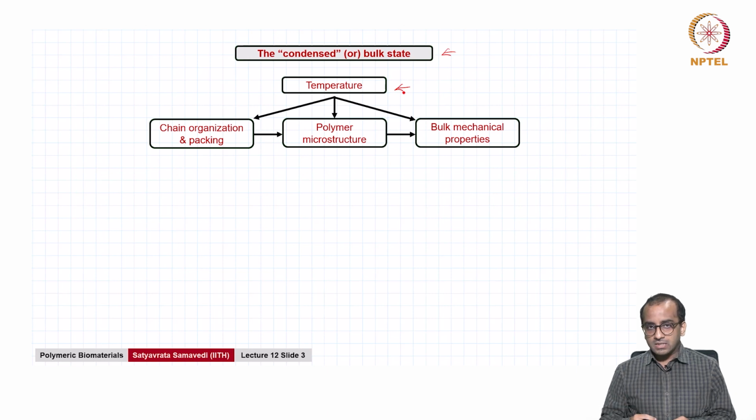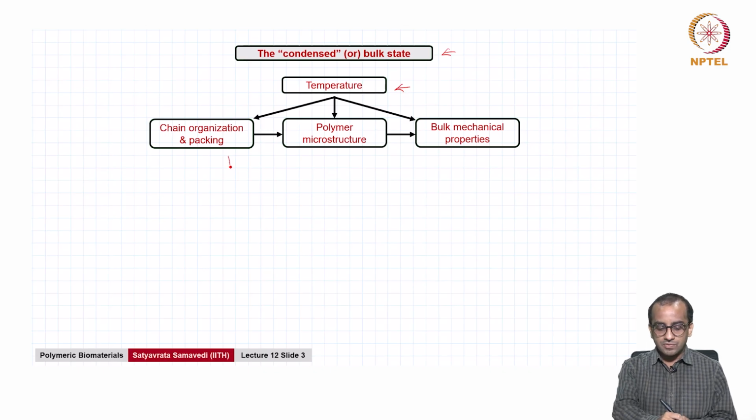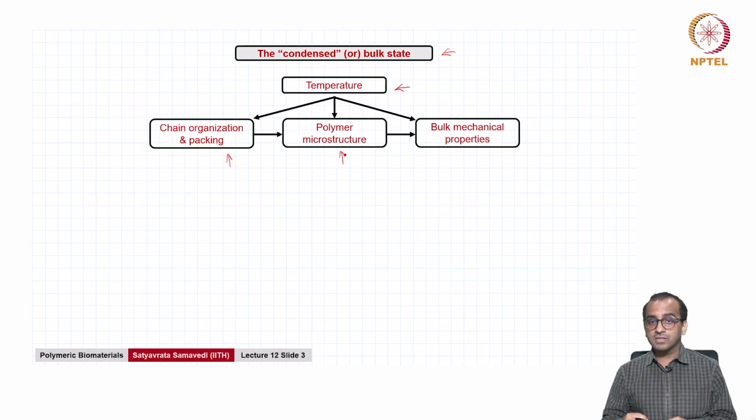We are broadly interested in this lecture particularly in the effects of temperature, not just on chain organization and packing, but also on polymer microstructure. For example, we are interested in how different temperatures can lead to different transitions, phase transitions in polymers, and how crystallinity can be induced in polymers or not, depending on how fast or slow you cool the polymers from a viscous melt.